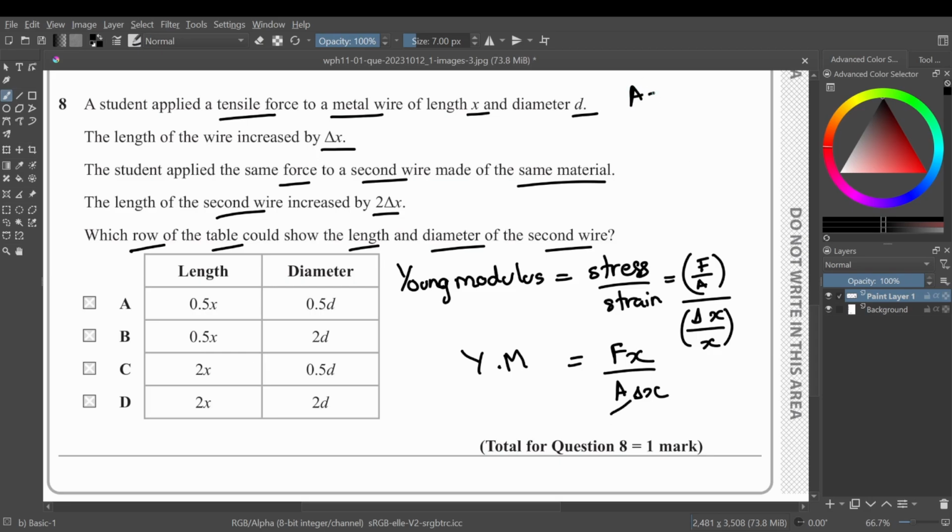Okay, so now we can expand it more through area. So area is equal to pi r square, right? Why pi r square? Because as you know, the metal wire is actually circular in shape, right? So we will use the area of circle formula right here. And as you know, the values are given in diameter, not in radius, so you will use the formula r is equal to d by 2.